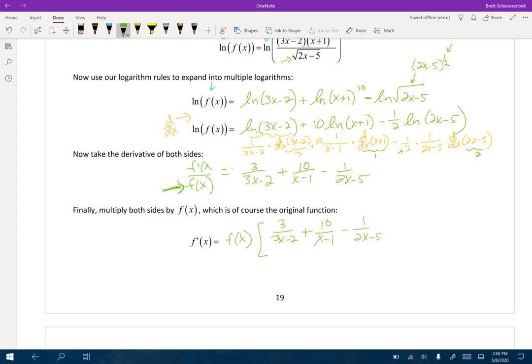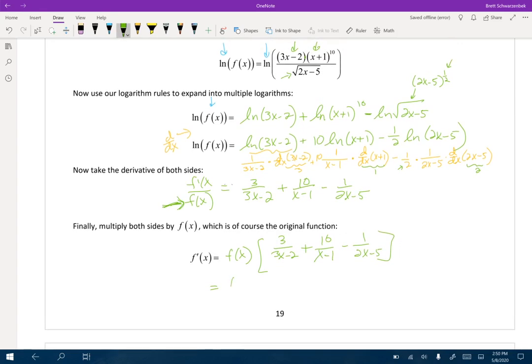Which means the resulting derivative is, when we replace f of x with the original function, we just copy this all down. Alright, so this is your answer.